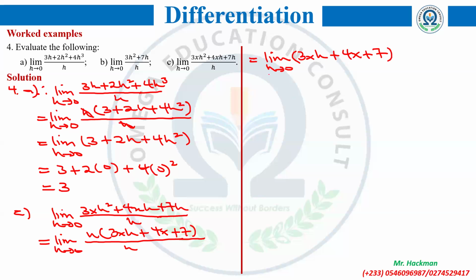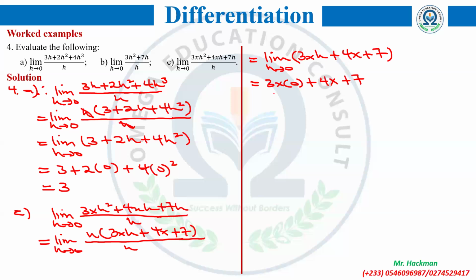Okay, so now direct substitution is allowed. Wherever I see h in my expression or function here, I substitute for 0. So that is going to give us 3x into 0, plus 4x, there is no h there, then plus 7.